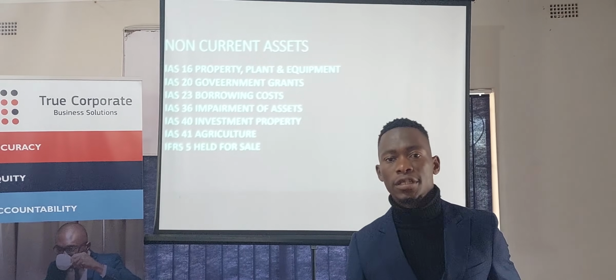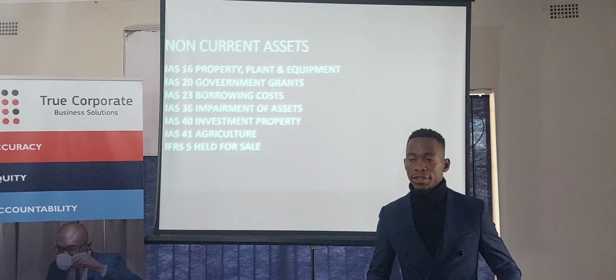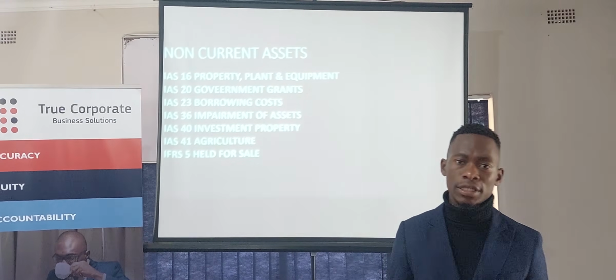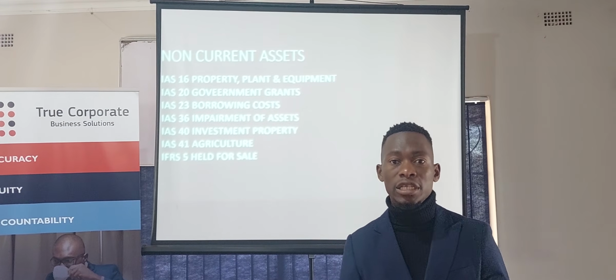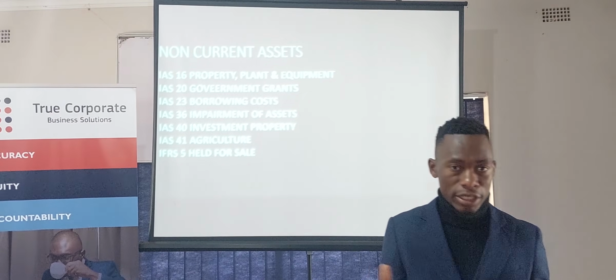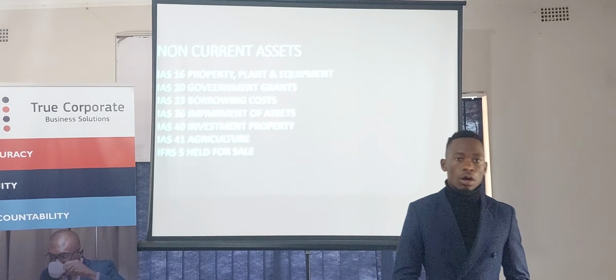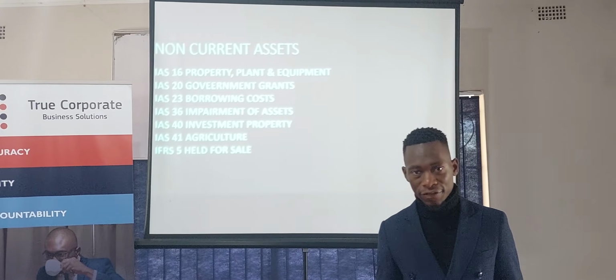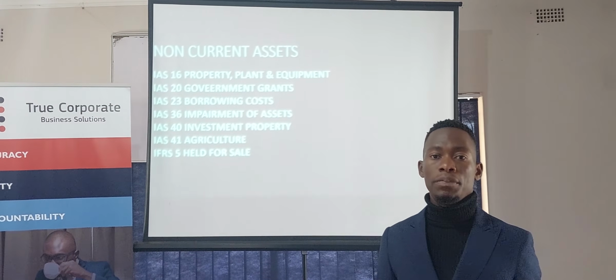But what you have to understand is, normally when a company has non-current assets, they will be using those assets with the intention to use them, not to sell them. So when a non-current asset is held for use, it is classified under IAS 16 PPE.